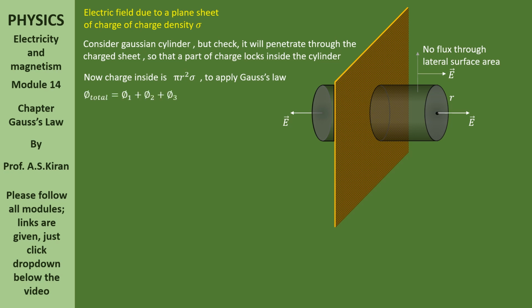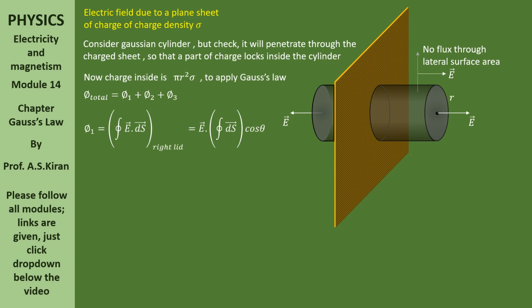Now, flux total is equals to flux 1, flux 2, flux 3. Flux 1 is through right lid.